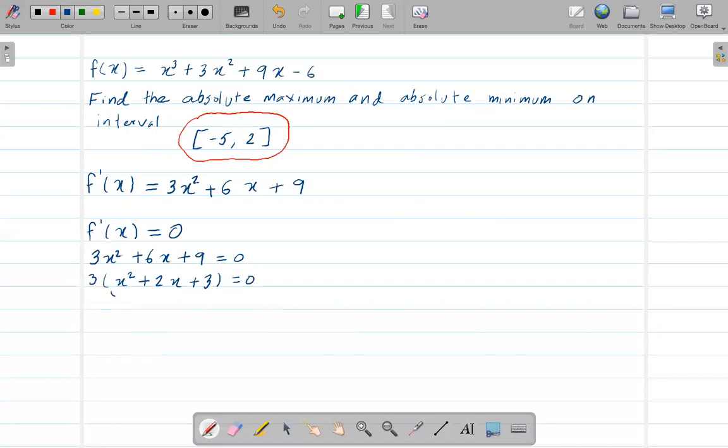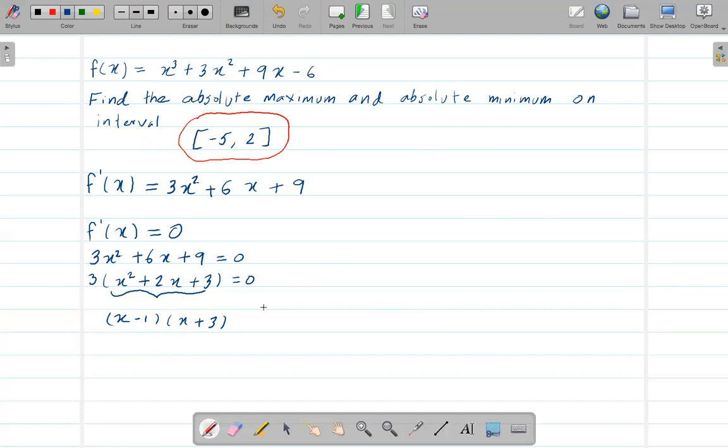From here I can say x minus 1 and x plus 3, because we have a 3 here, so negative 1 and positive 3, since 3 minus 1 will be positive 2.